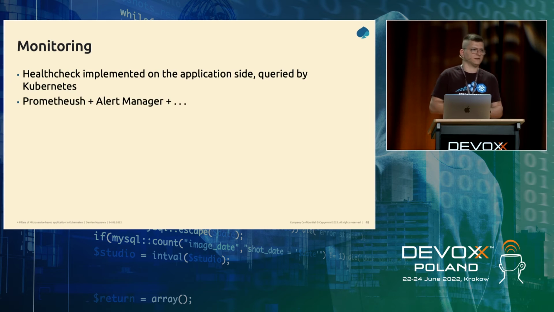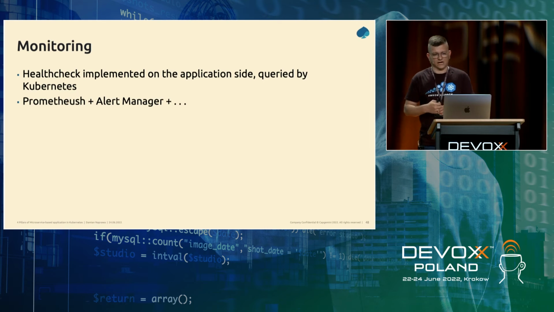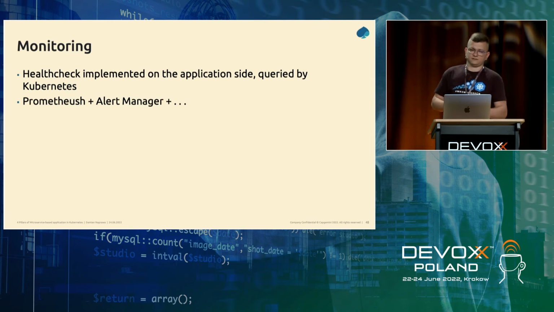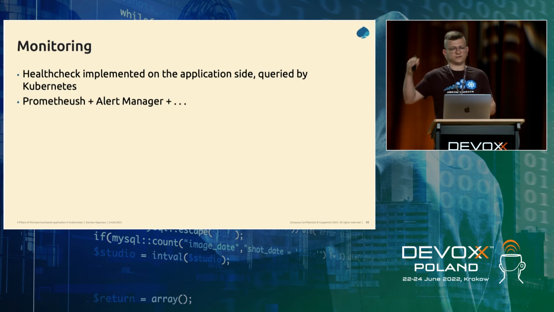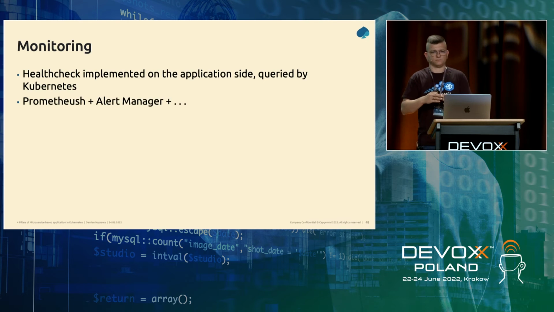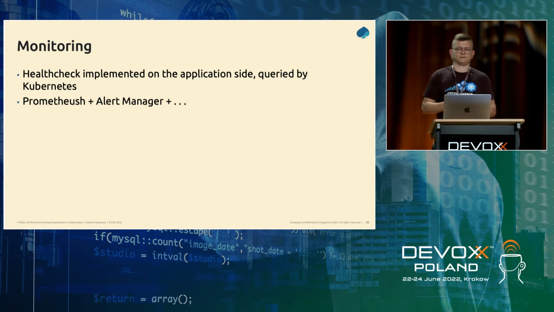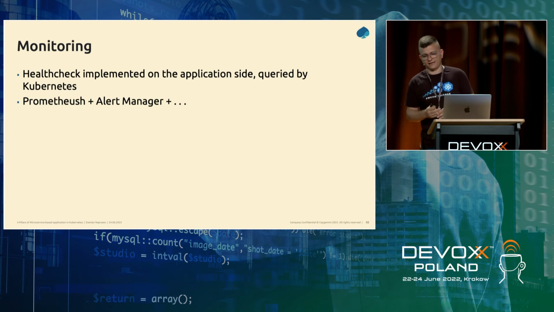Because sometimes our application seems to be ready because the pod is running. However, it's not ready to handle the traffic from the users because some processes, some kind of initialization, still take place.